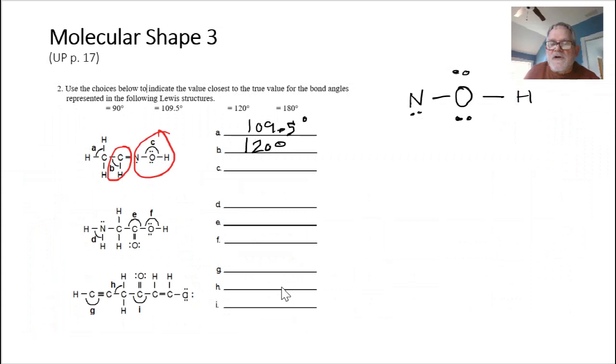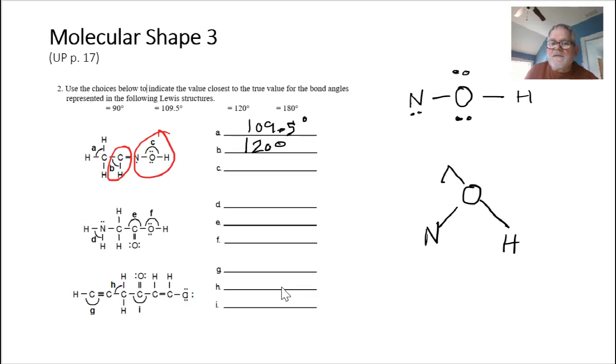So I'm going to draw it like this. I've got the oxygen. I'm going to put a nitrogen down here in the plane of the paper, and then I'll put the hydrogen down here also in the plane of the paper.